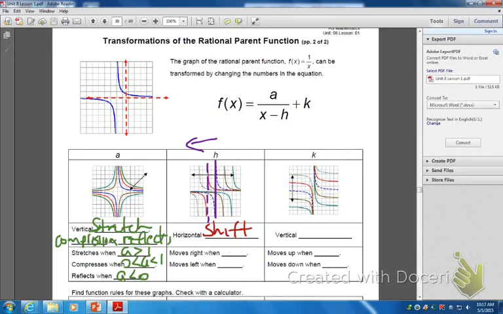We move right when it's negative. And then we move left when it's positive, right? Because it's a flip. Remember that x minus h flips that sign, right? Write that up a little higher. Okay. And we see that in looking at this shift up here, that your h will determine your vertical asymptote.